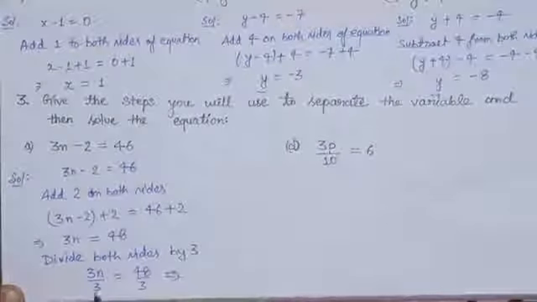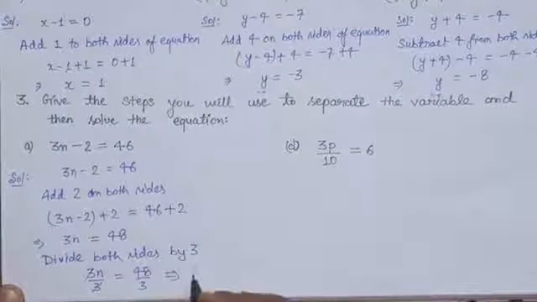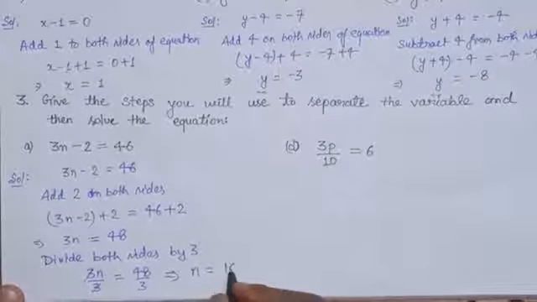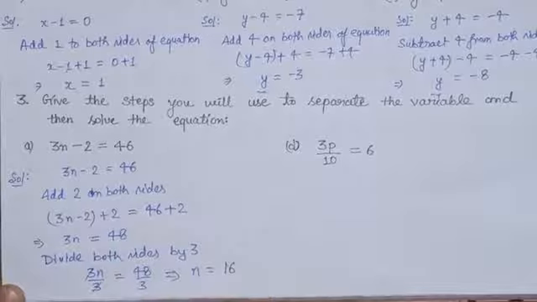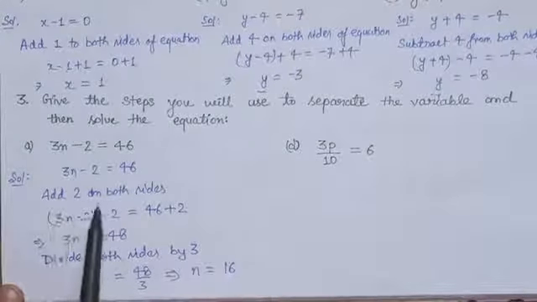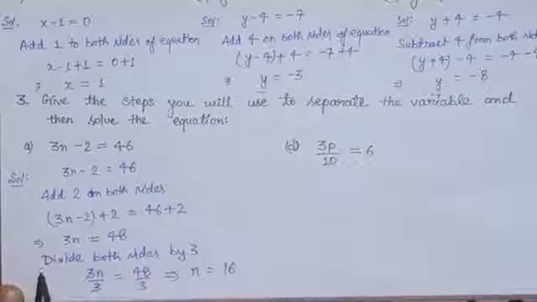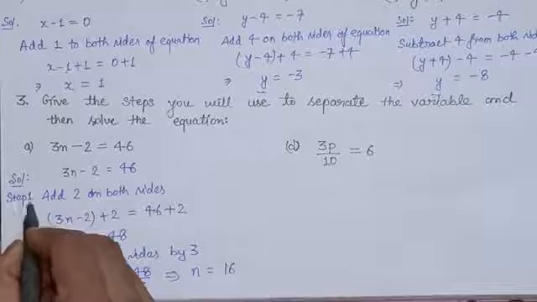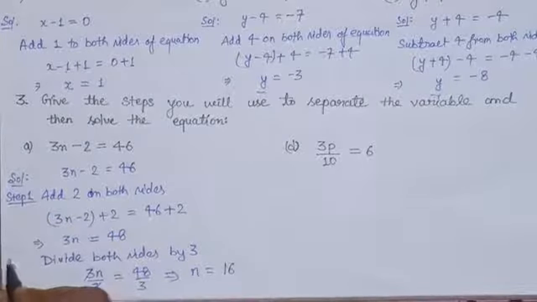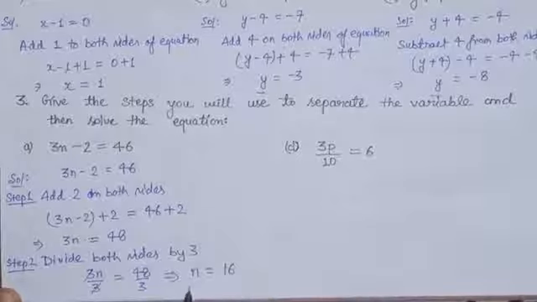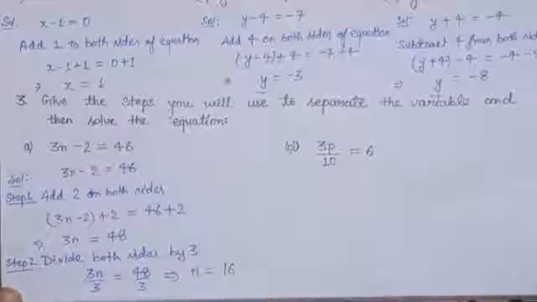It implies that here 3 and 3 are cancelled out. So we have n is equal to 48 by 3, which is 16. So we get n is equal to 16. So the steps that we have followed: first add 2 on both sides of the equation, and the second step is divide both sides by 3. Here we can also write, this is step 1 and this is step 2, and the solution is that n is equal to 16.